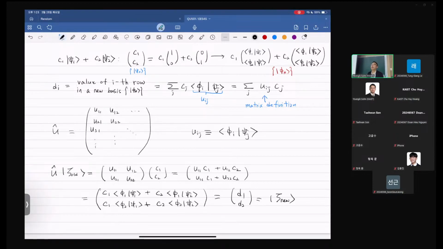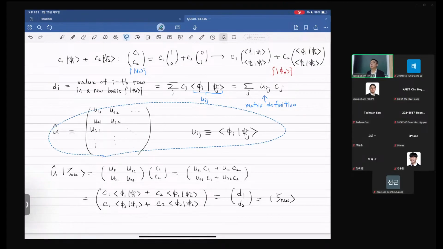All right, let me wrap up. For the exact same quantum state, there is one way of writing it in matrix form using the basis psi. You can also use another basis, phi, and then they will have different coefficients, C and D. Among them there is a conversion matrix, which has this form.